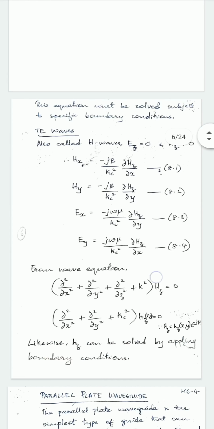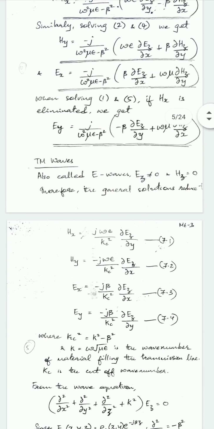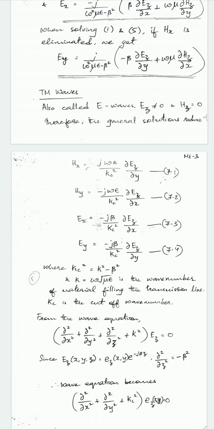So we can apply the solution to equations 7.1 to 7.4. This is the general equation for a TM wave, when Hz equal to 0, we will get the general solution. So Hx and Hy, Ex and Ey, you will get as j omega epsilon by kc square dou by dou y of Ez.